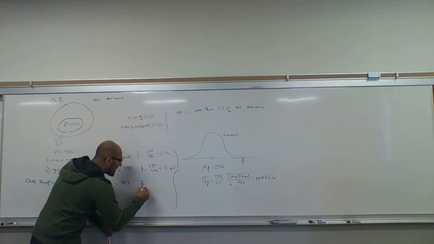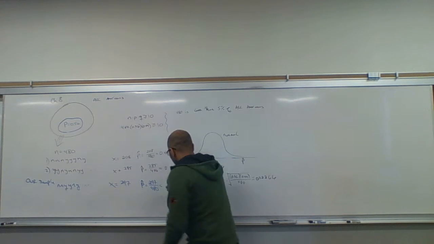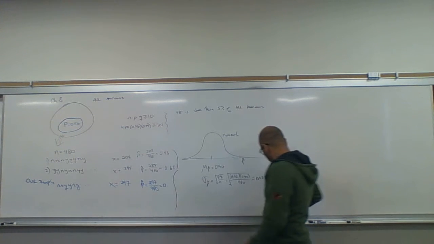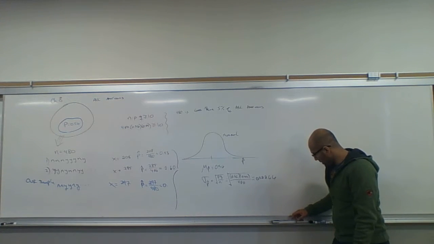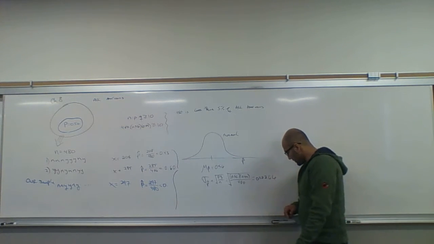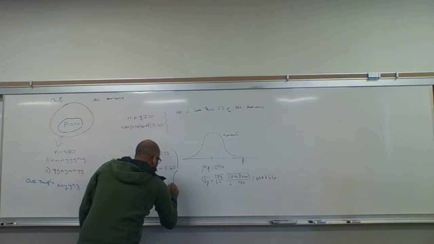So the sample proportion we're dealing with is 297 over 480, which is equal to 0.6188.